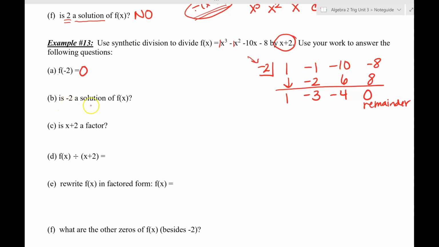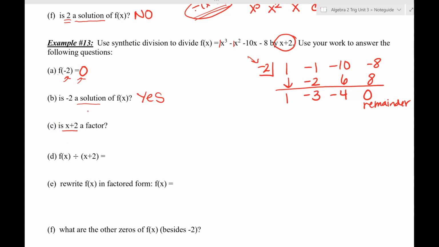Is -2 a solution of f of x? It is, because if we plug in -2, we are getting 0. That means -2 is an x-intercept, it's a 0, and it's a solution. So yes, it is. Is x plus 2 a factor?